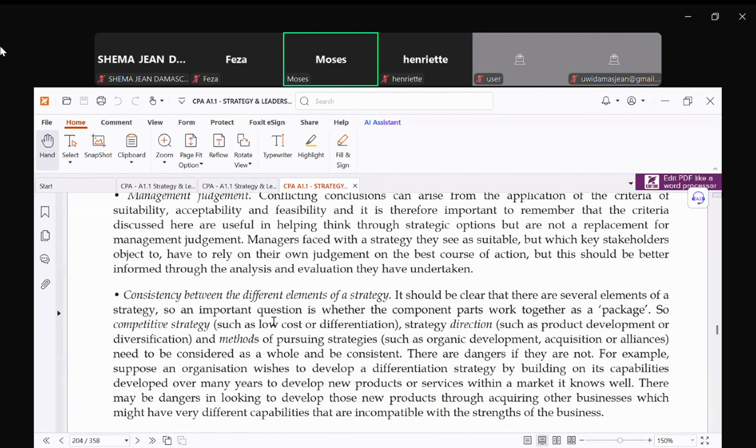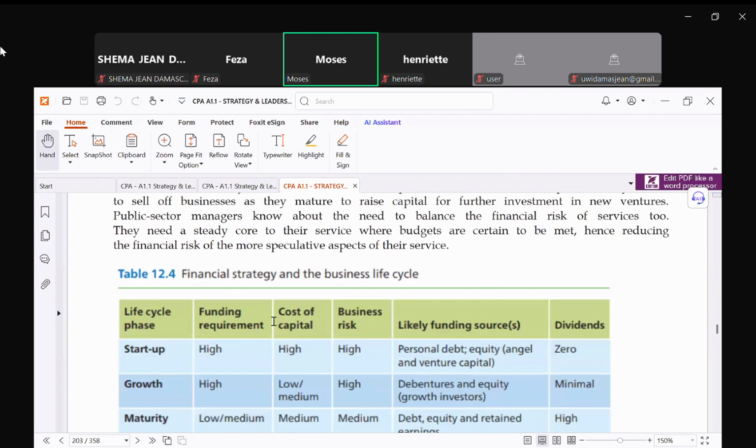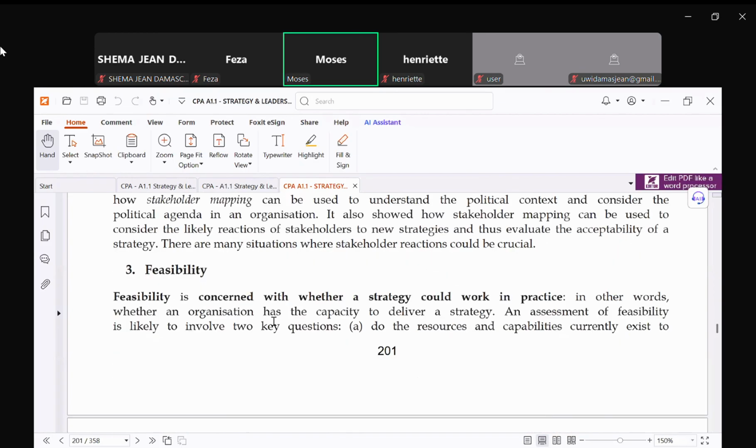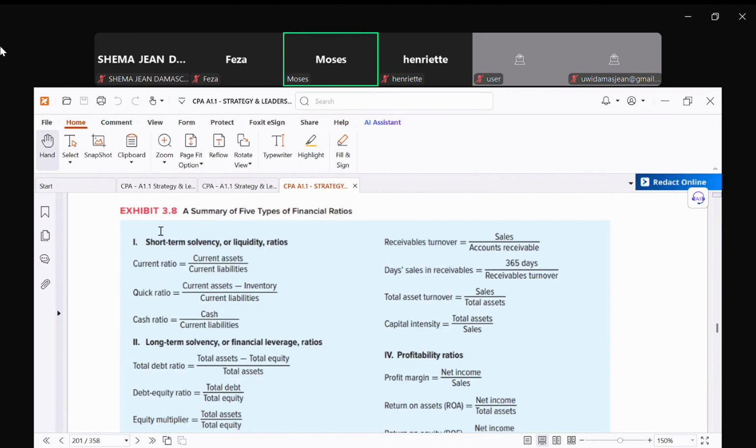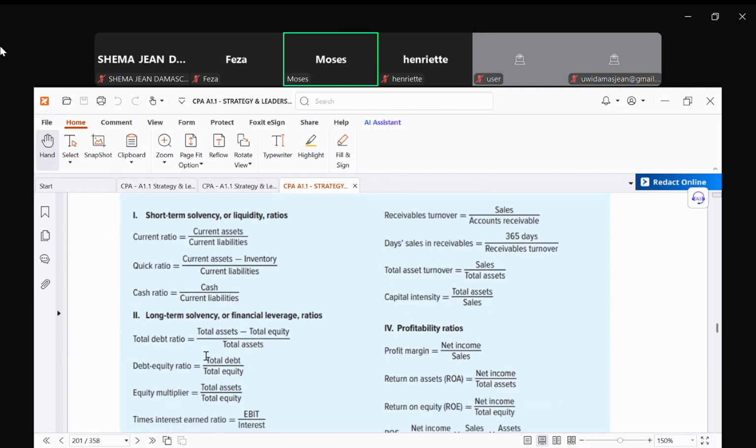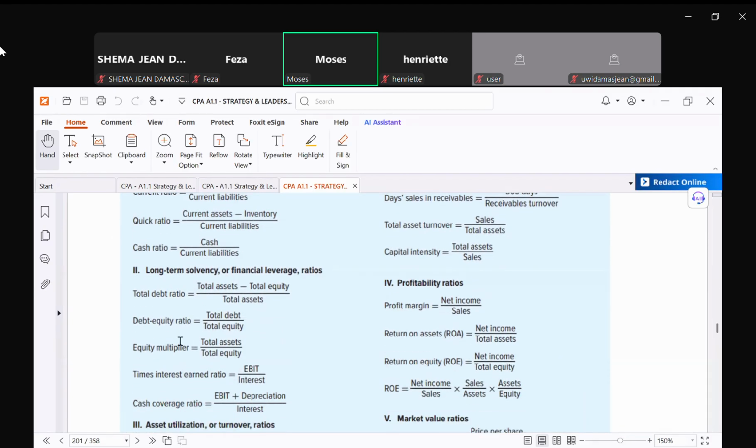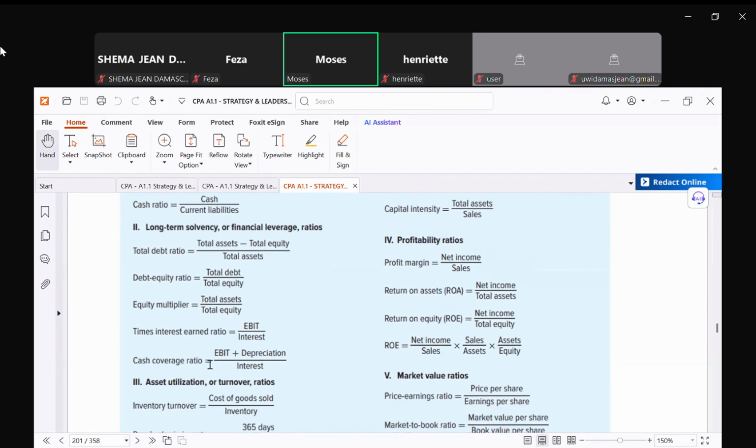Where did I take these things? You can see them here. Short-term solvency: quick ratio, cash ratio, total debt ratio, debt equity ratio, these kinds of ratios.